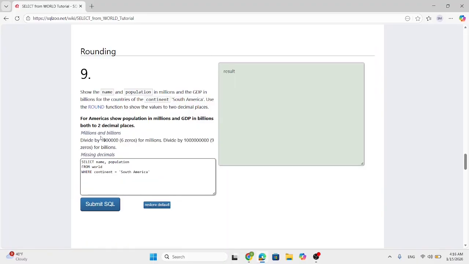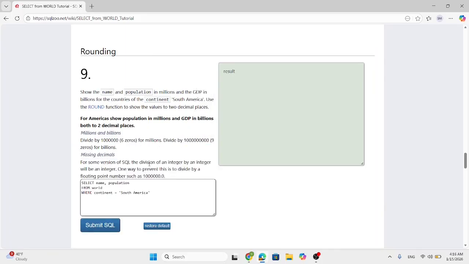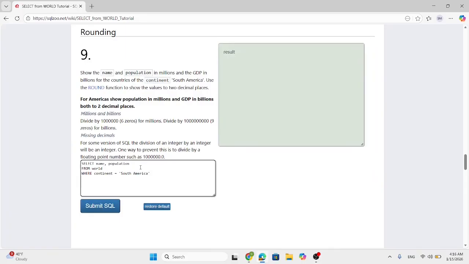Showing millions like this, billions like this, missing decimals like this, so no worries. We are going to show the population and also, yes, GDP. Sorry, I didn't mention it.